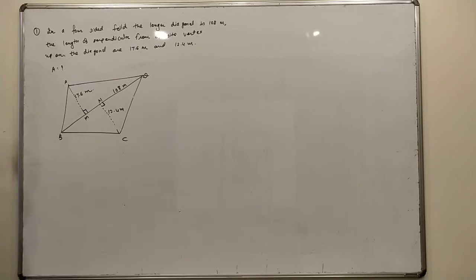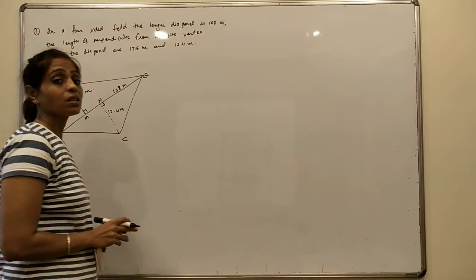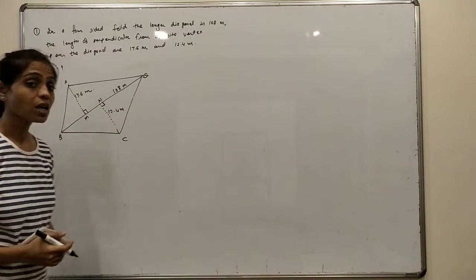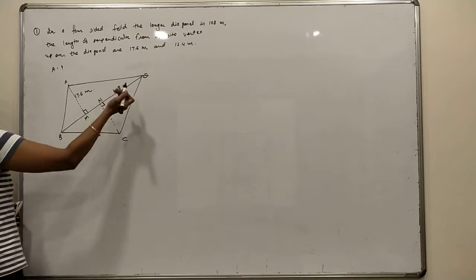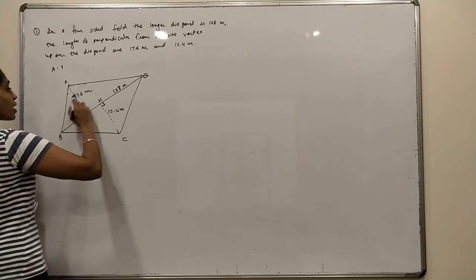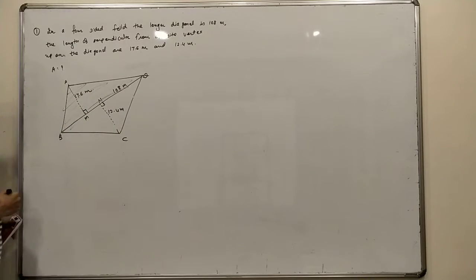It's the easiest way to find the area of a quadrilateral. Now, this diagonal divides the quadrilateral into two triangles, the shaded and unshaded.